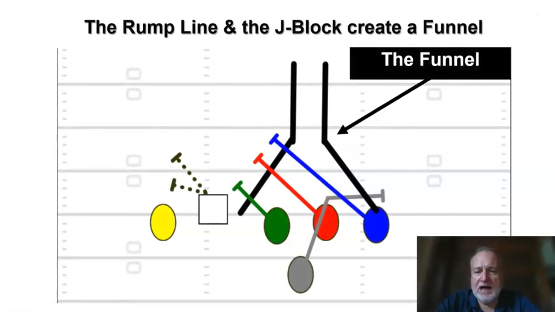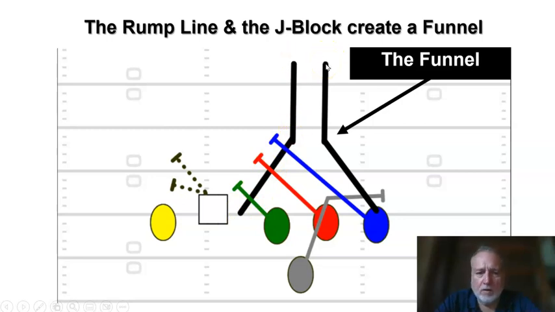All right. Between the J block and the down blocks, we're creating what I call the funnel. Shout out to John Ward, old football coach, big single wing guy, big gap scheme guy from up in North Carolina, where I spent a weekend with him, and he taught me a lot of cool stuff. Anyway, it creates a funnel.